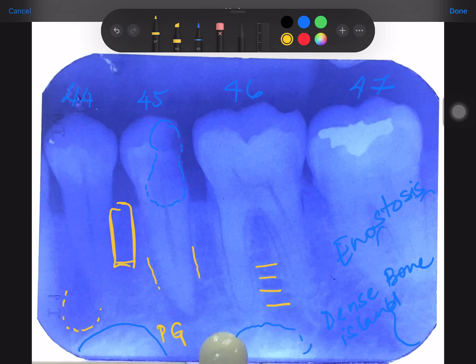So can we think of some other radiolucency? Residual cyst? That means there should be a missing tooth. Correct. So what else is that radiolucency which you're not able to define, but the tooth looks normal, and it's at the lower premolars?